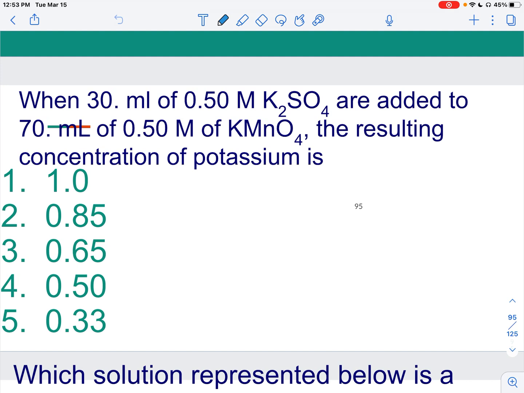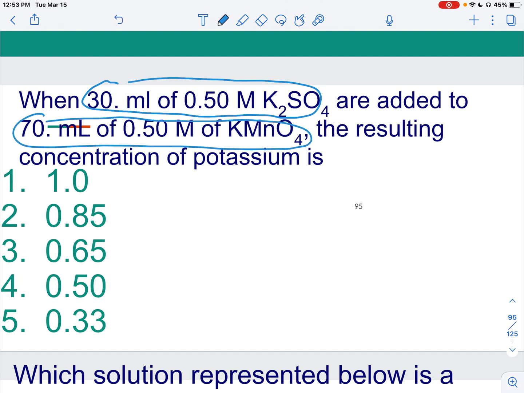So here, this question is asking for a resulting concentration of potassium. So the first thing you need to do is figure out how much potassium is in this solution, and then how much potassium is in this solution, and then divide by the combined volume. So I'm just going to go ahead and do millimoles and then milliliters.